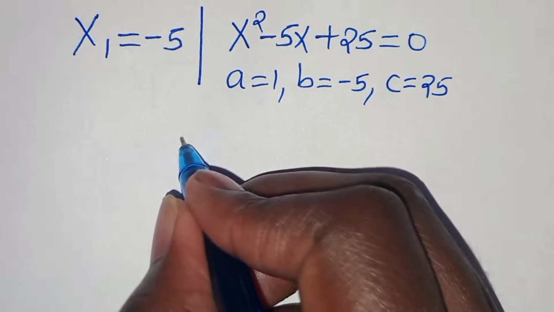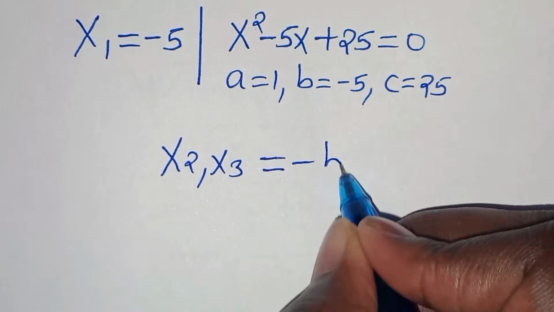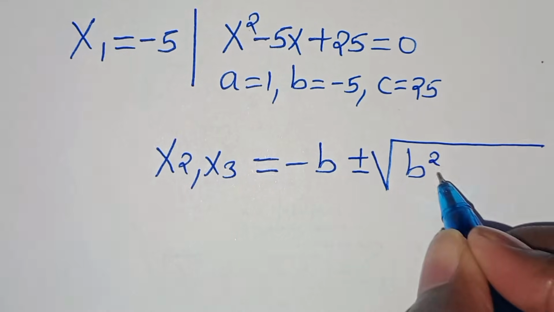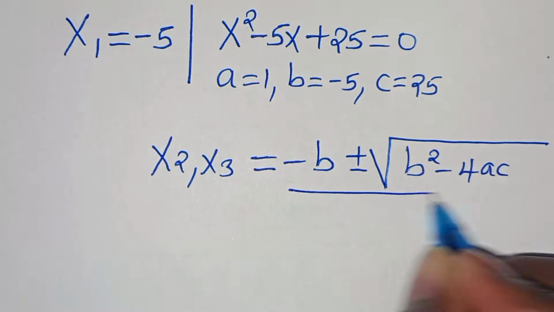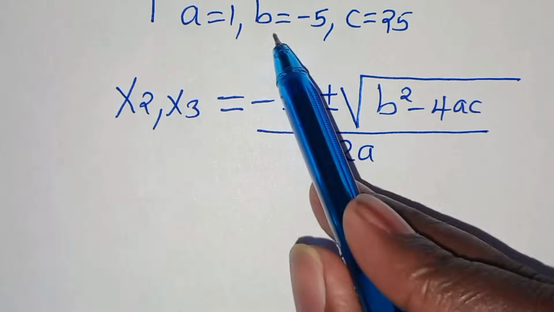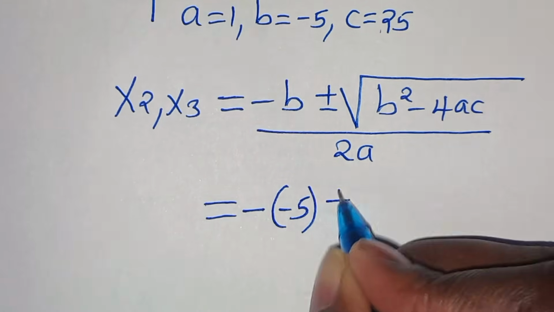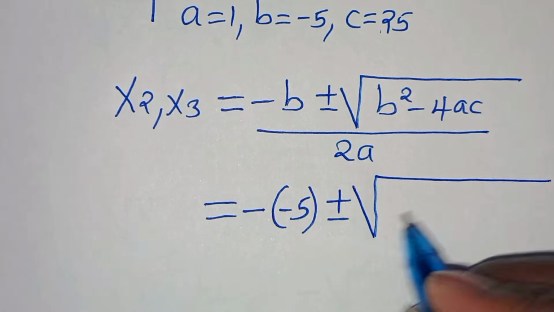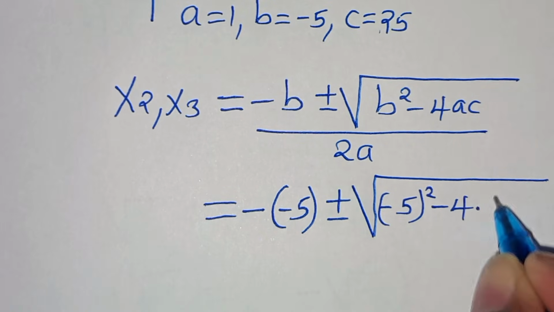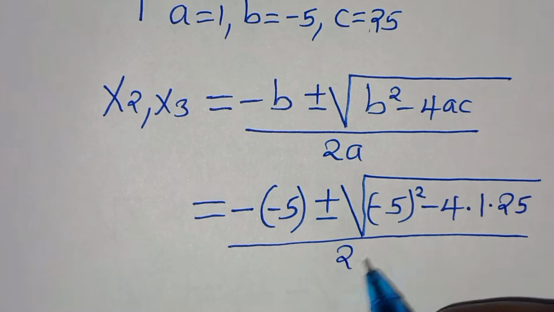Now we can solve for x2, x3 by applying the quadratic formula, which is minus b plus or minus the square root of b squared minus 4ac, everything divided by 2 times a. Let's substitute the values of a, b, and c, so that we have minus times minus 5 plus or minus the square root of minus 5 raised to the power of 2 minus 4 times a, which is 1, times c, which is 25, everything divided by 2 times 1.